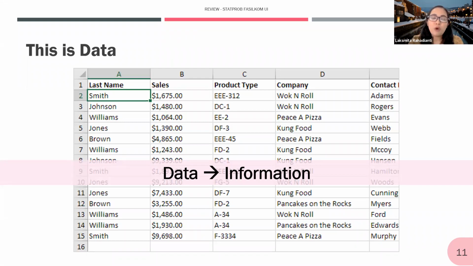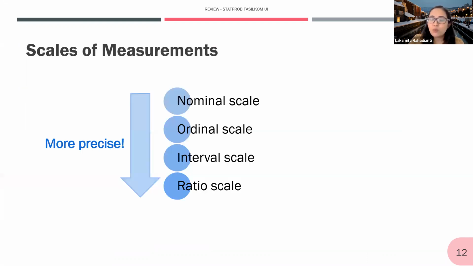That is what we are trying to do in this course, simple as that. In order for us to understand, we need to know how exactly each type of data is measured. We have 4 different scales of measurement: if you remember, nominal, ordinal, interval, and ratio, from the least to the most precise.